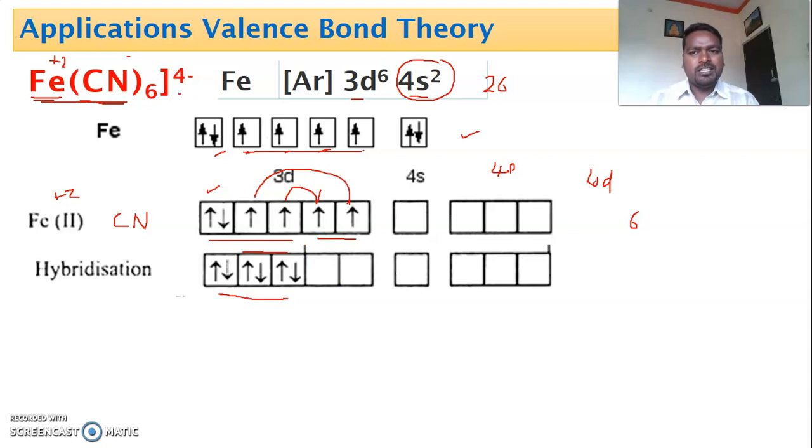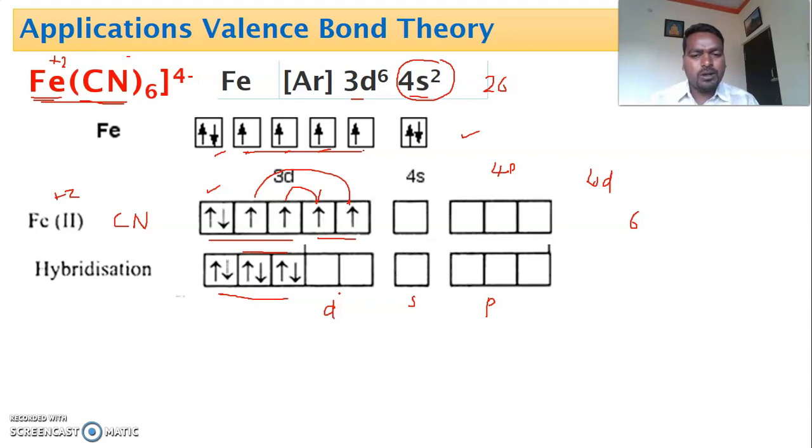And so these six ligands occupy the 6 vacant orbitals, that is 2 d orbitals, 1 s orbital and 3 p orbitals undergo hybridization.